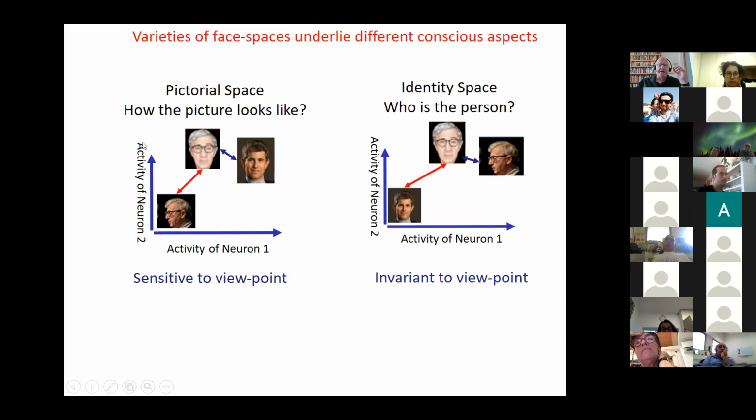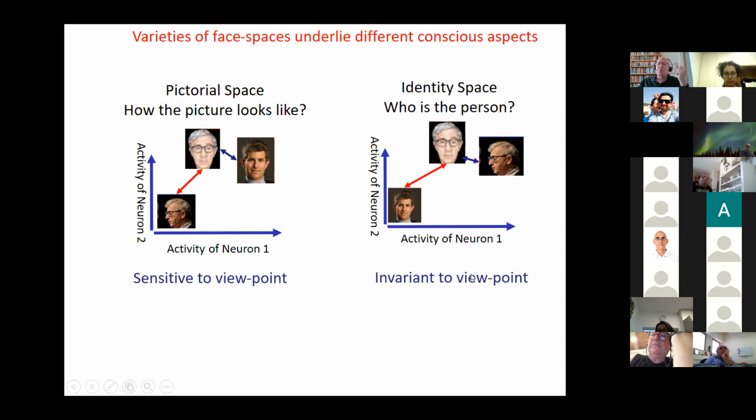In this kind of space, which I'll call pictorial space, these two faces will be at a short distance because they're very similar in shape, in features, in the hairline and so forth. And these two faces will be very, very different because they're very different in shape and so forth. So this is the space that represents or generates the pictorial picture of the face.